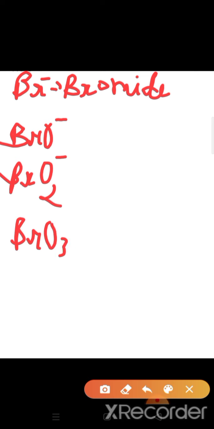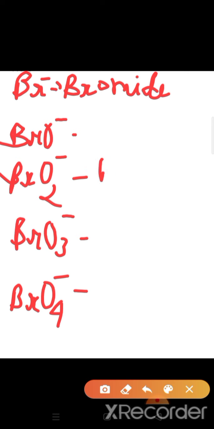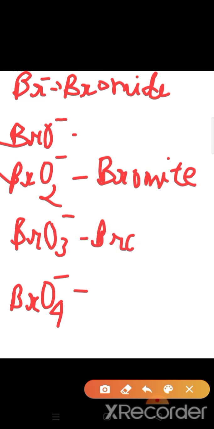So just like before, what is the name of BrO2 negative? Its name is bromite. BrO3 negative, its name is bromate. For BrO negative, for the minimum, we use hypo, so hypobromite.